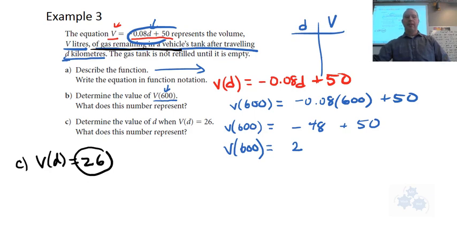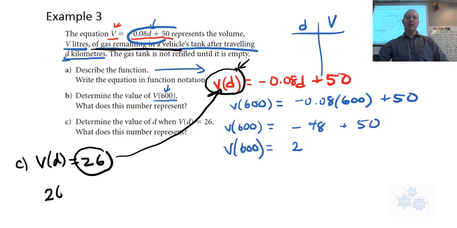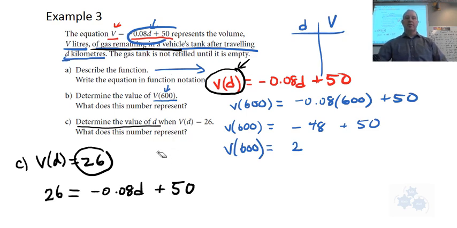If V of D equals 26, I can literally put 26 right in there. So it's going to look like this: 26 equals negative 0.08 D plus 50. And so this is determining the value of D.